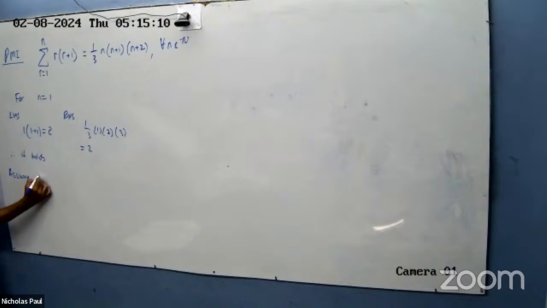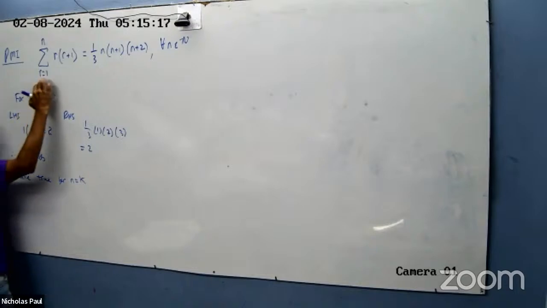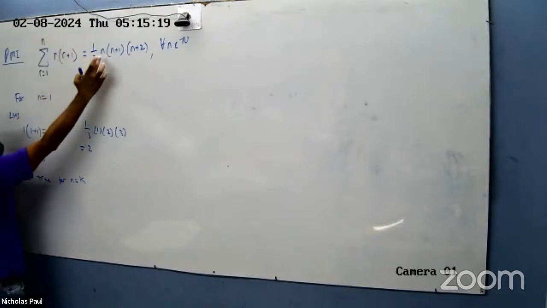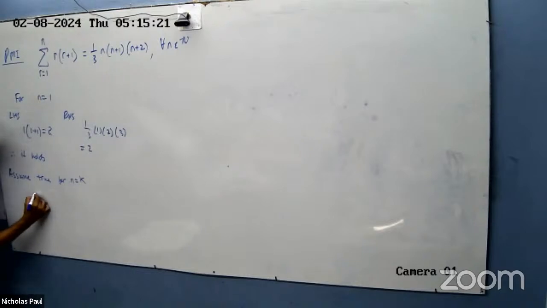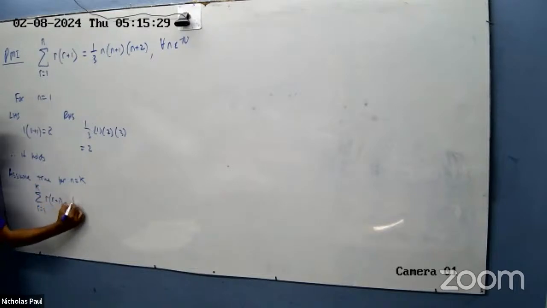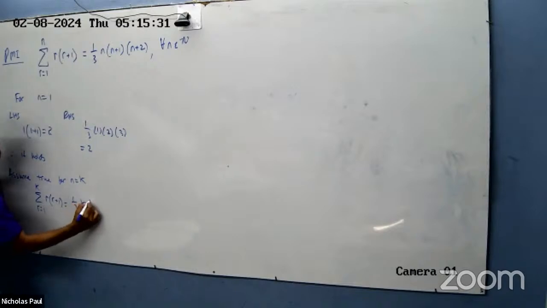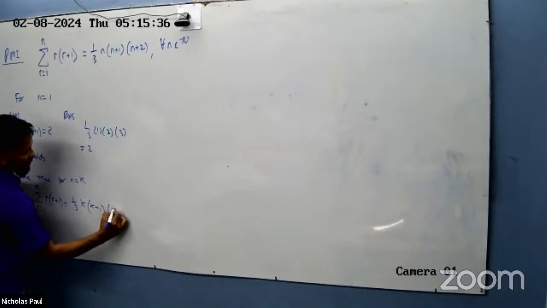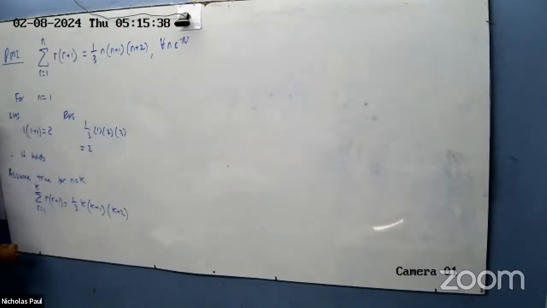Next step, we have to assume true for n equal to k. So all I'm going to do is just change all the n's to k's. So that'll be the summation of r going from 1 to k of r by r plus 1 is equal to 1/3 k by k plus 1 by k plus 2.